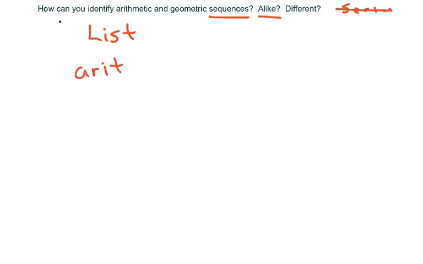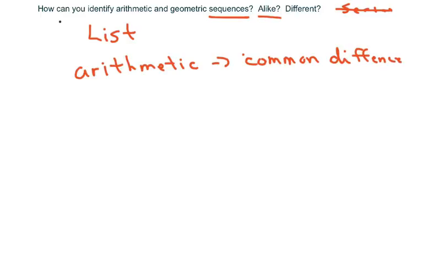The arithmetic has a common difference. That's why d's in the formula. That means you're adding or subtracting to the term before it. And geometric has a common ratio.